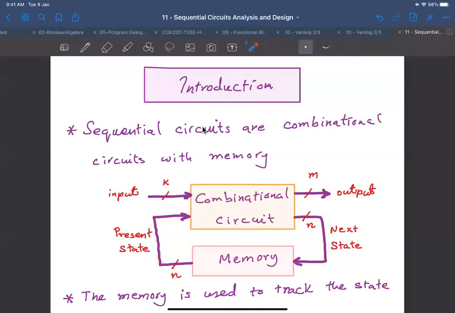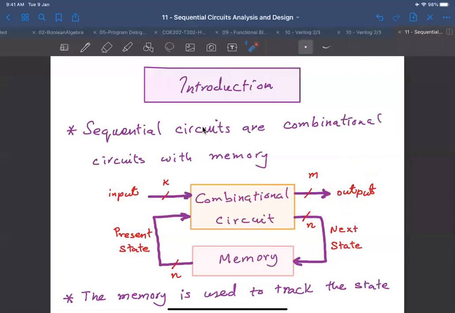The input of the combinational circuit is both the present state of the memory elements as well as the external inputs. It has an external output that is used by some other circuit, and it also has the output that is sent to the memory.